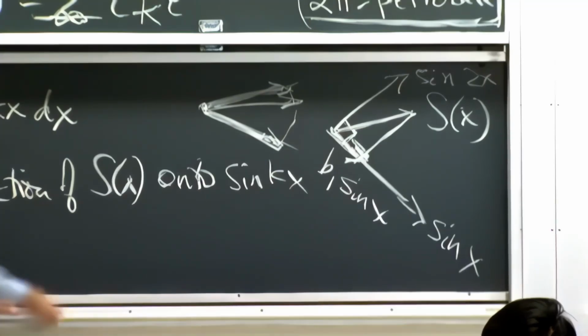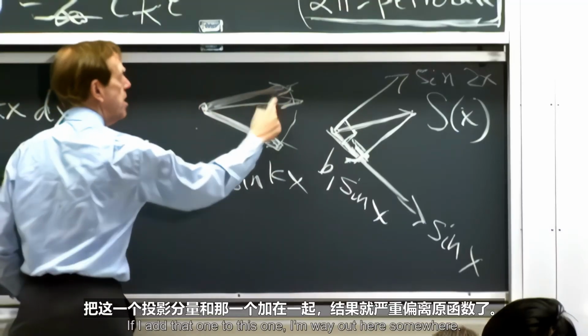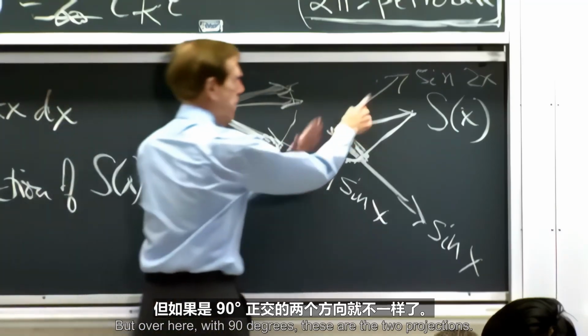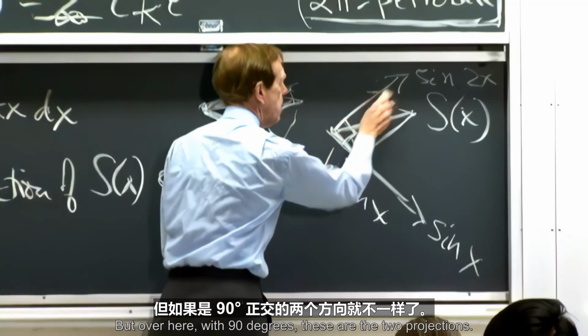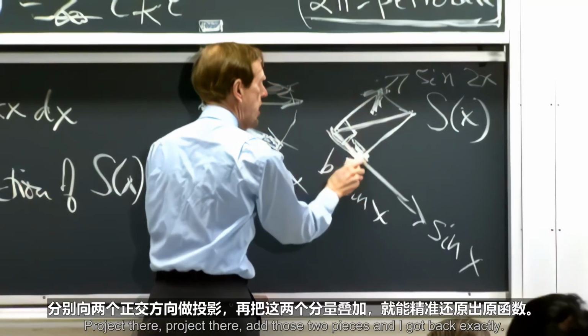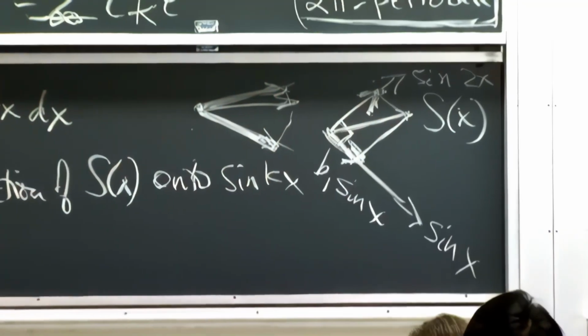No way. These are much too big, right? If I add that one to this one, I'm way out here somewhere. But over here, with 90 degrees, these are the two projections. Project there, add those two pieces, and I get back exactly the function.